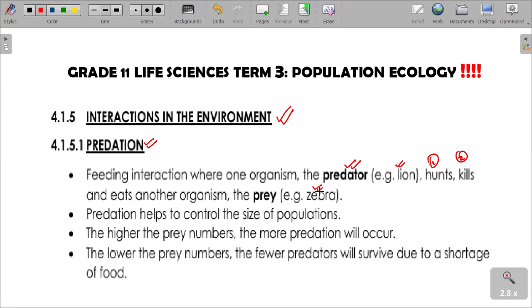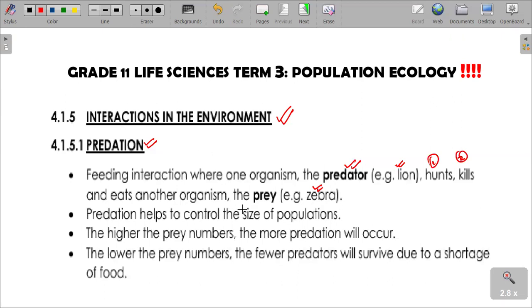So in this regard, predation is a feeding interaction where one organism, the predator, for example a lion, hunts and kills for the purposes of eating the other organism, the one that is being killed, which is the prey, for example a zebra.